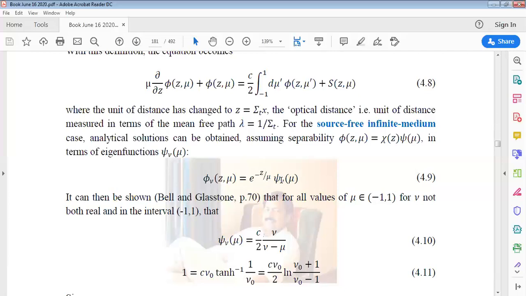So you've got eigenfunctions here, and for requiring that this thing is normalized, you put this value in here and you get this function on the left, and this on the right.